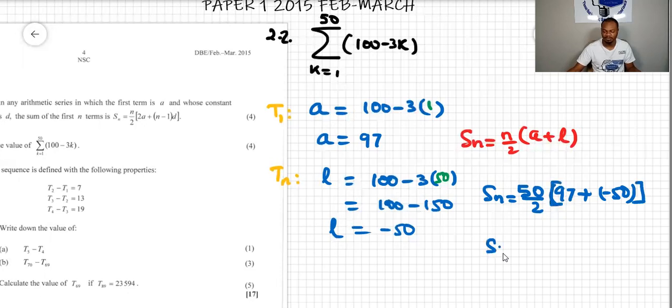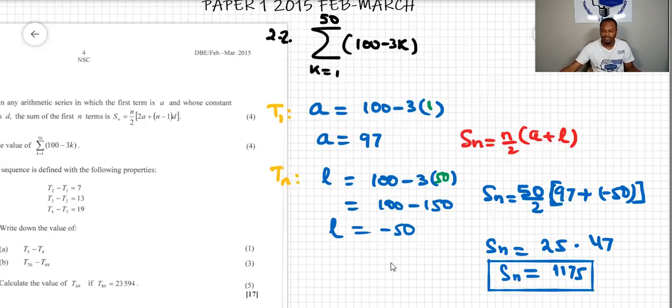Now Sn will be 25 times 47, which is equal to 1175. Sn equals 1175.